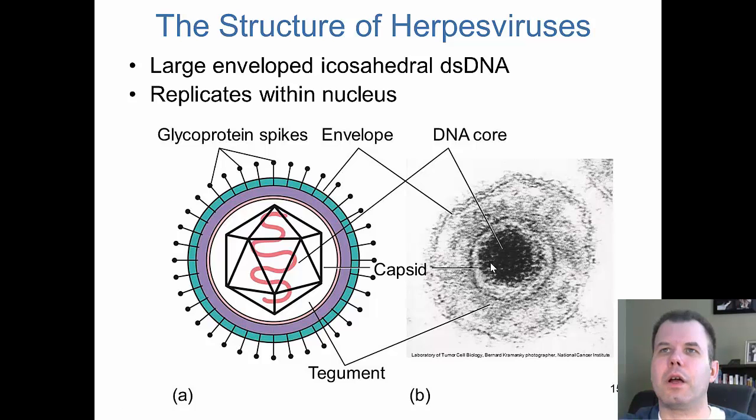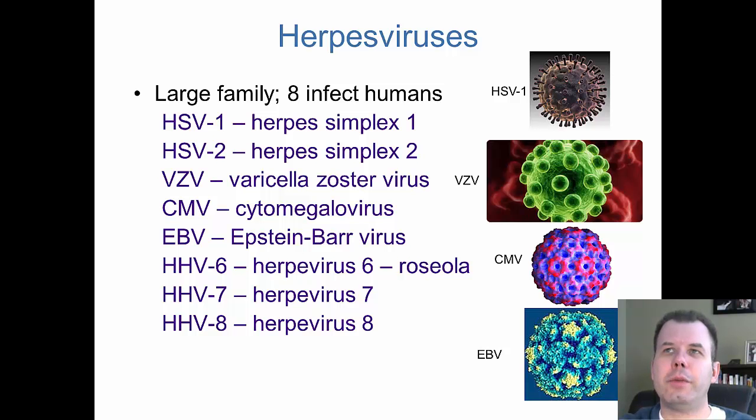Okay, here's the large family of herpes viruses. HSV-1 and 2 are herpes simplex 1 and 2, causing cold sores and genital sores. VZV is Varicella-zoster virus. CMV is cytomegalovirus. EBV is Epstein-Barr. Then we have HHV6, HHV7, and HHV8.